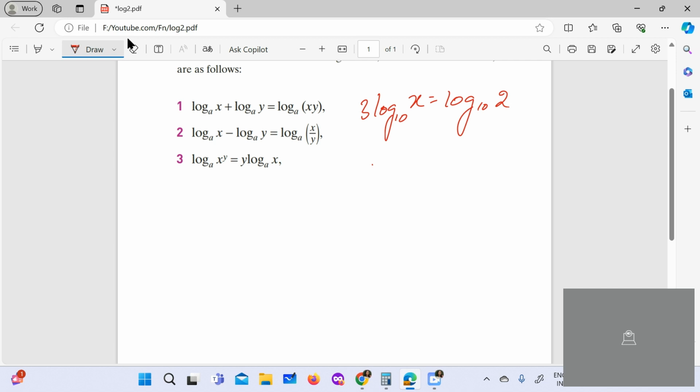Okay, we can do it like this, no? Log base 10 of x to the power of 3, right? And this is equal to log base 10 of 2.